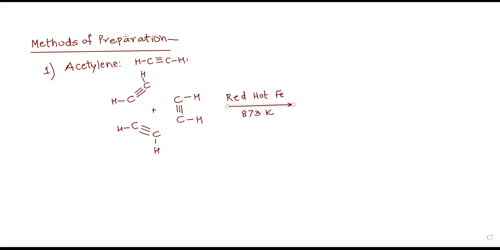A very interesting reaction takes place. Out of the 3 bonds, 1 bond goes over here. Out of the 3 bonds, 1 bond goes over here. Out of the 3 bonds, 1 bond goes over here. So what do we get? C double bond C, single bond, C double bond C, single bond, C double bond C, single bond.